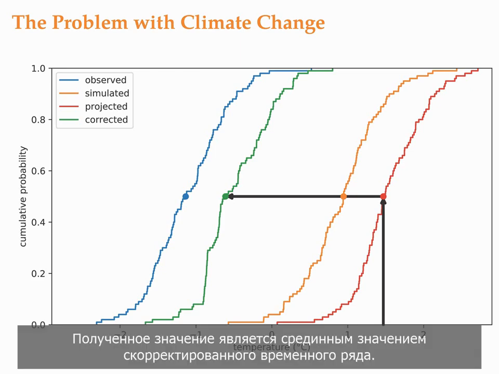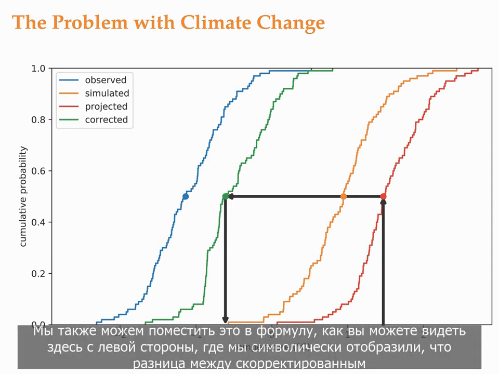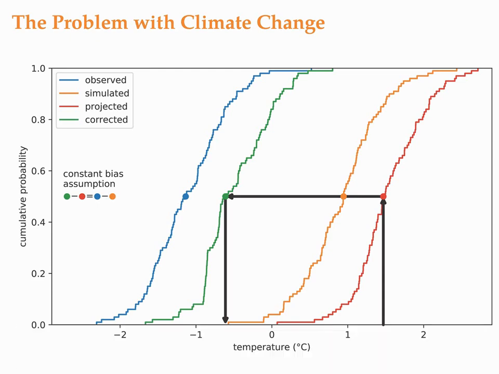The resulting value is the median of the corrected time series. We can also put this into a formula, as you can see here on the left-hand side, where we have symbolically written that the difference between the corrected and the projected median is equal to the difference between the observed and simulated median in the historical period.